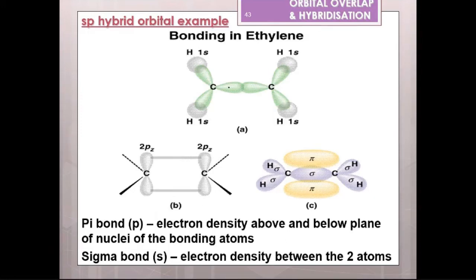Sigma density is between. Here is the sigma. This is sigma. This is pi.